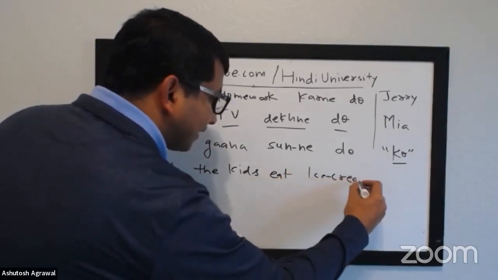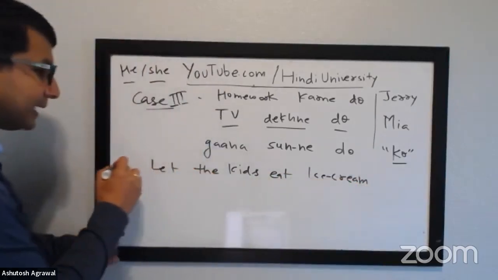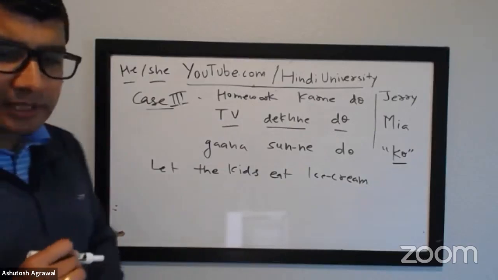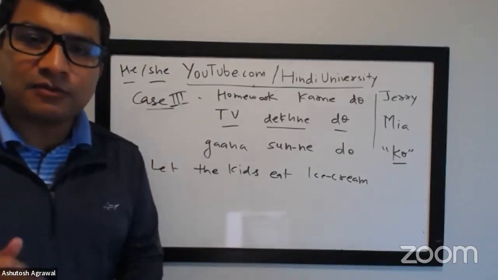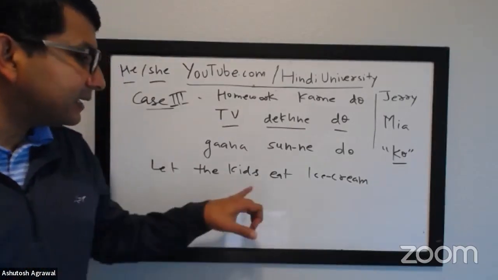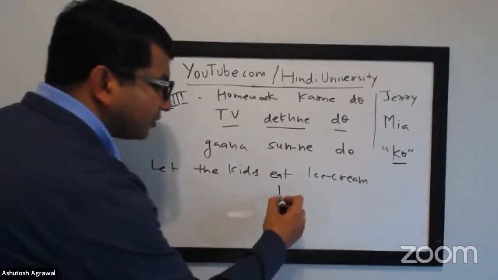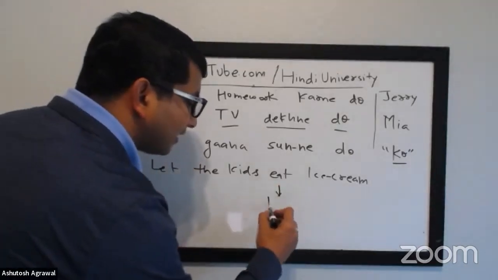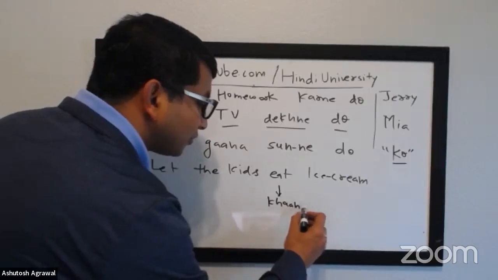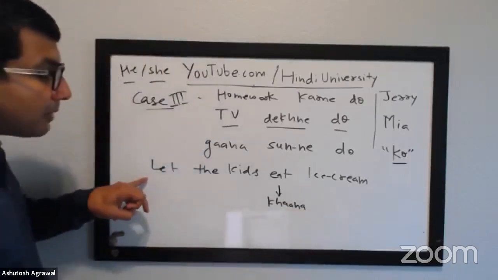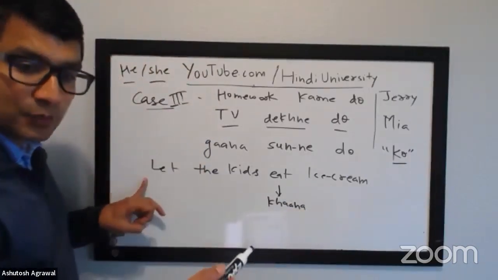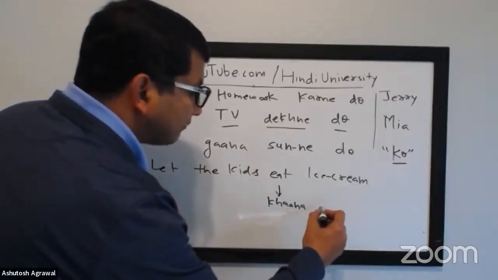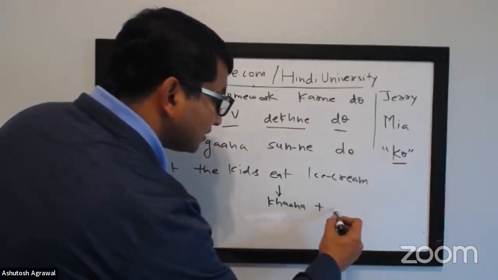So imagine if I started the lesson with this, that you have to write this thing in Hindi. It would be very difficult, right? Let the kids eat ice cream. You would say, okay, to eat is khana. And you are permitting someone to do something, so it will come to your mind that I have to use dena.